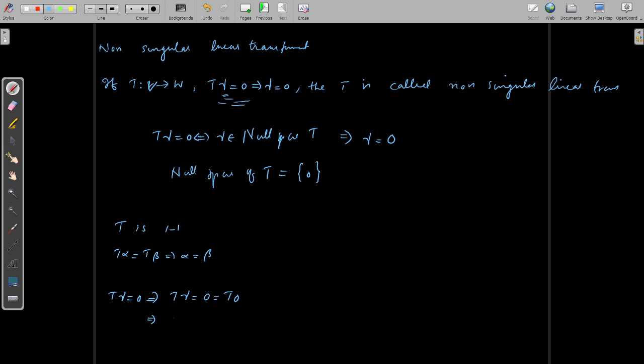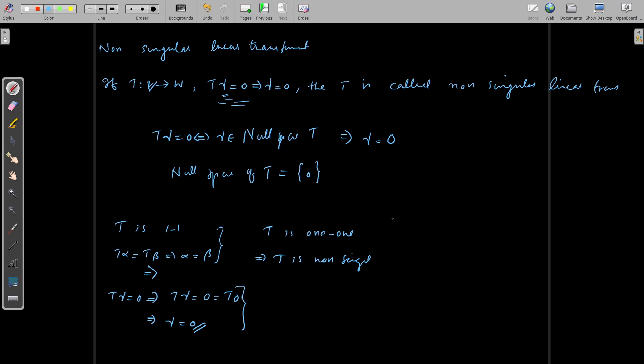Using the one-oneness, you can get gamma equal to 0. So when you assume T is 1-1, it implies that T is non-singular.